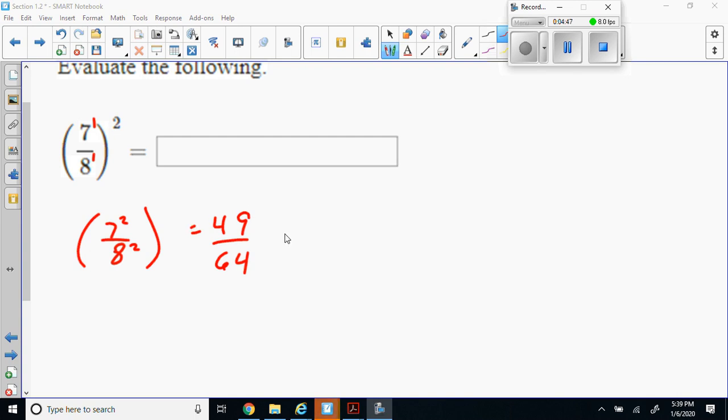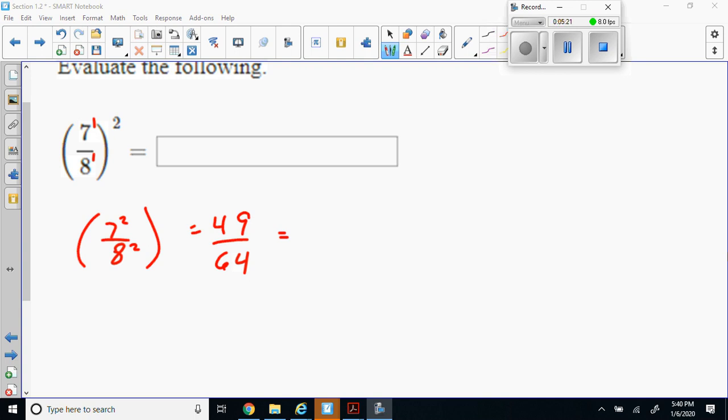Let's type in 49 divided by 64. Boom. No, it will not simplify.